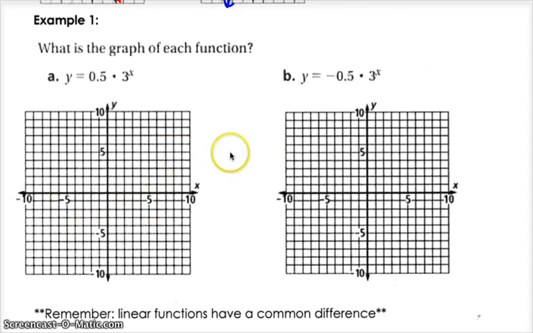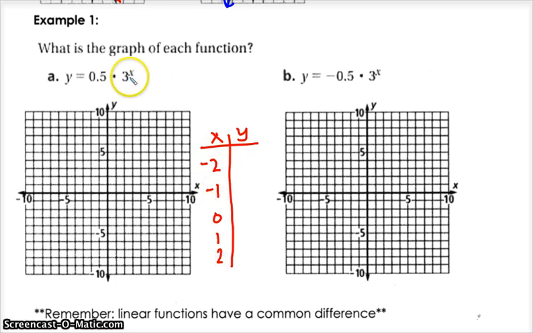In order to graph, we're going to go back to our trusty old table, and we're going to pick our favorite x values: -2, -1, 0, 1, and 2. I'm then going to plug in these x values and generate a y value. Once I've got x and y values, I can plot my points and then connect to make a nice graph.